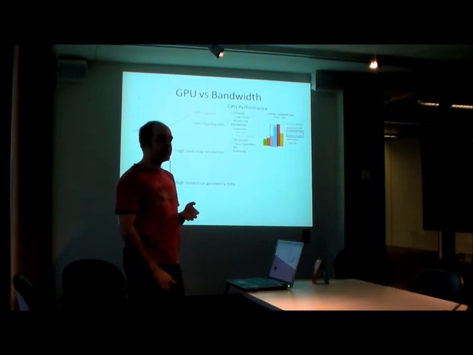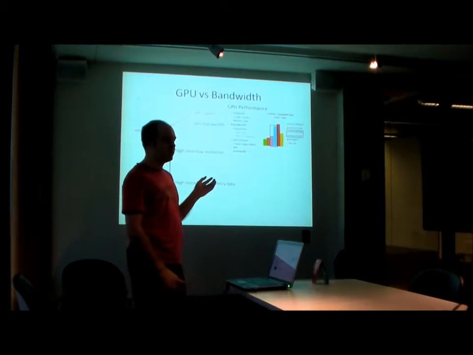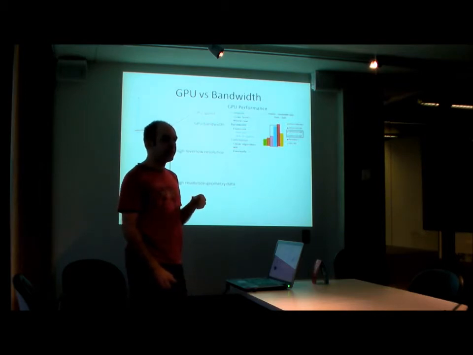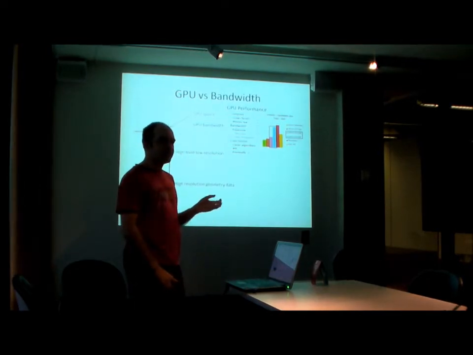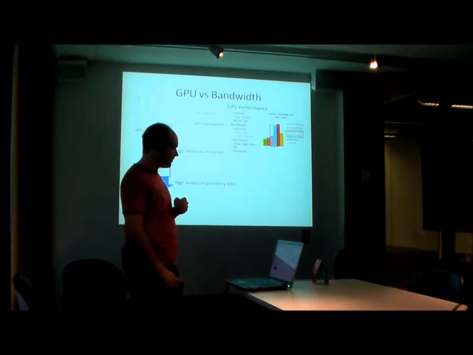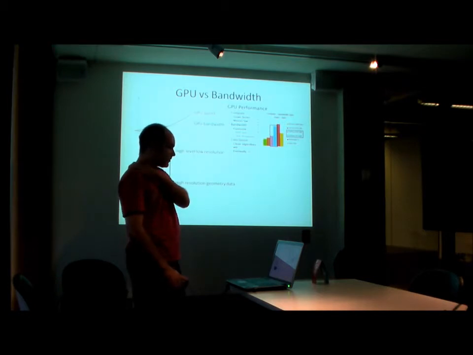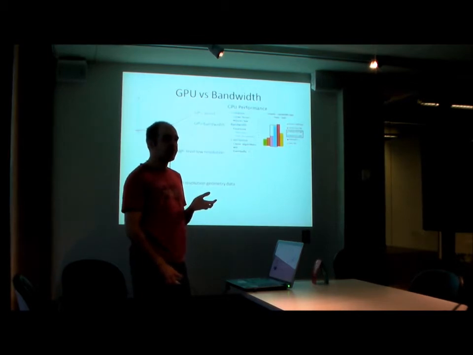So the idea is you're going to get the most out of your GPU if you can type in low resolution data, but with a high level meaning behind it, and the GPU processes it and creates some high resolution geometry. So procedural graphics is going to be pretty important in the future.